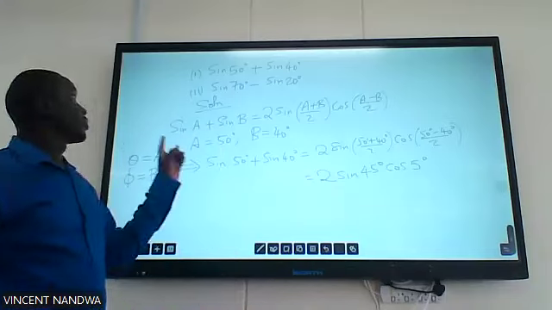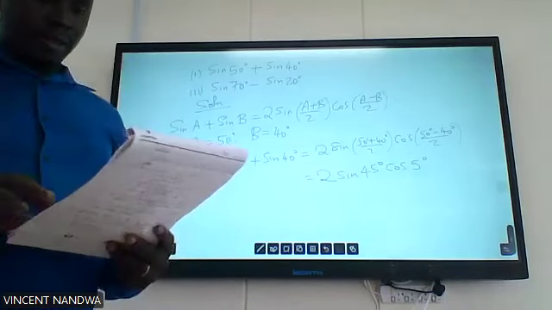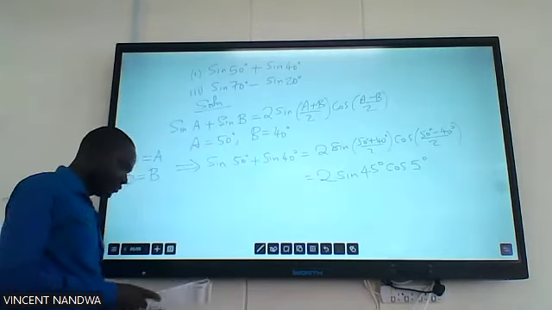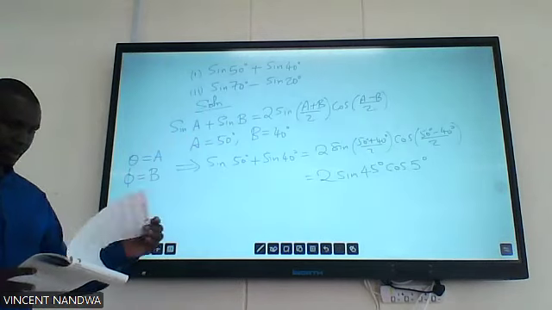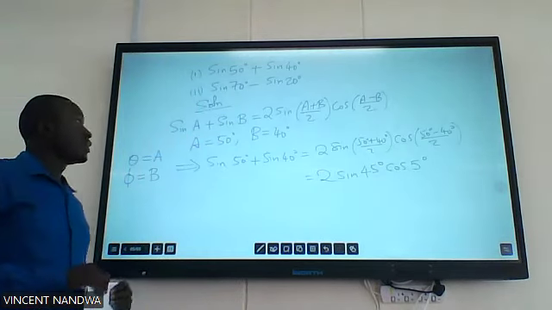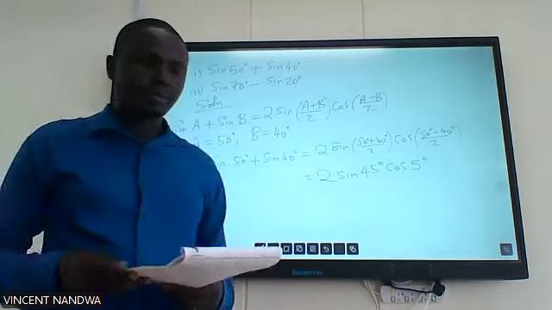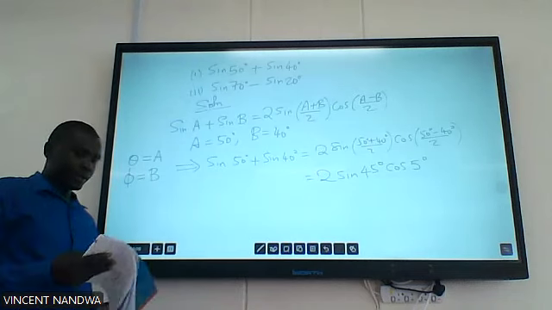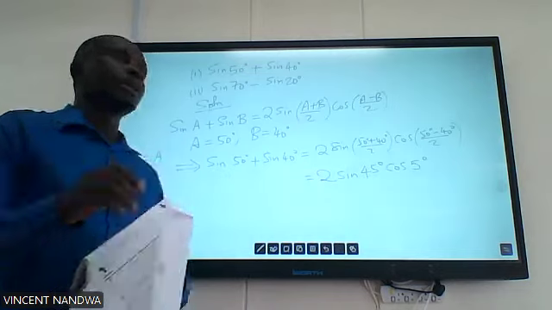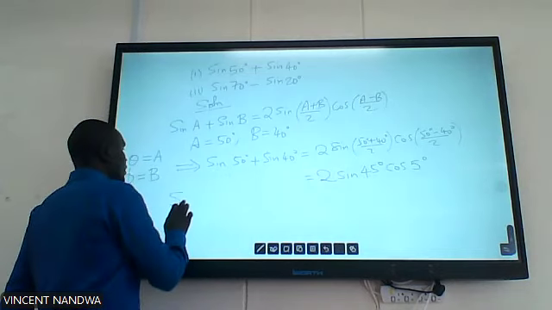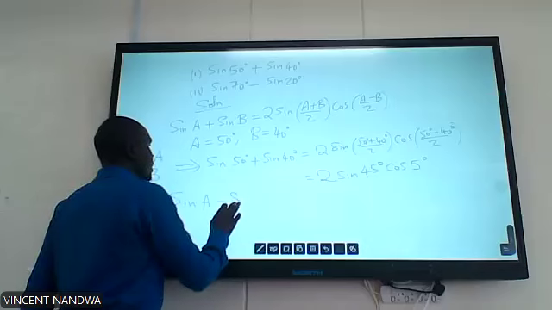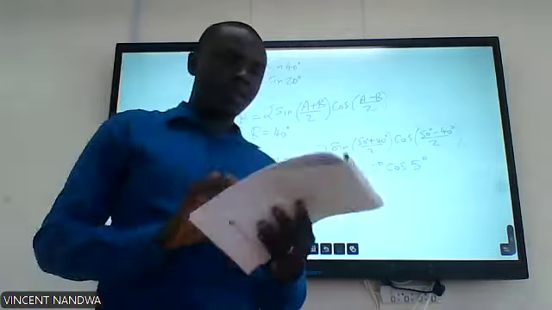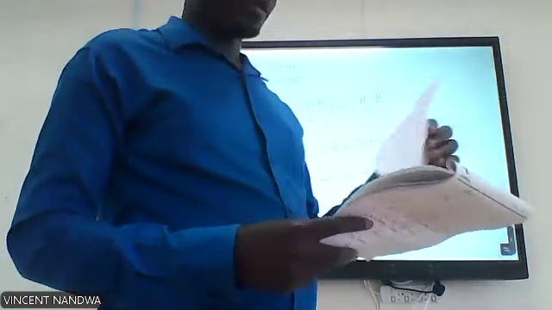Now, can you now tell me the other two? The second one. Tell me the other. Then the appropriate formula for sine A minus sine B. So once you have that one correct, then you should be able to get the product.